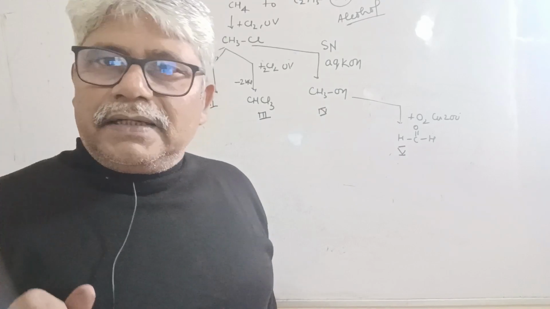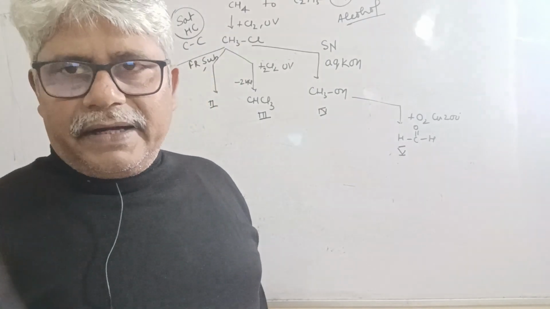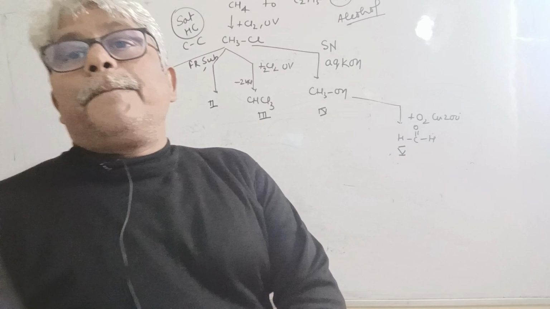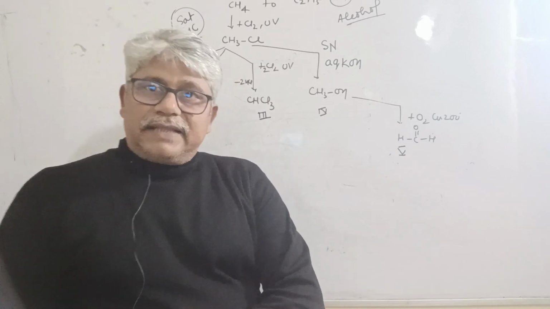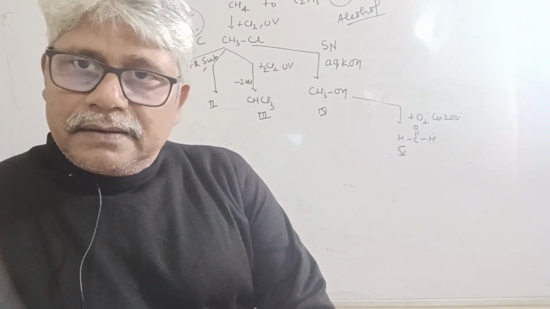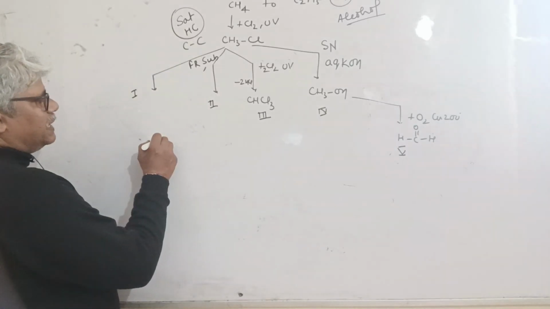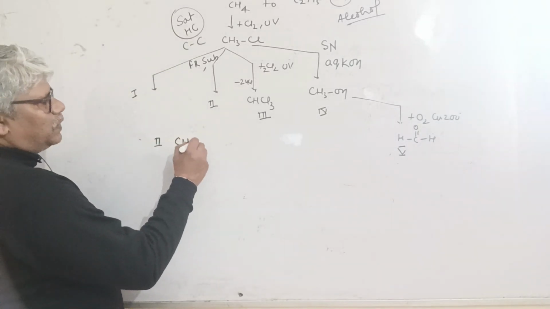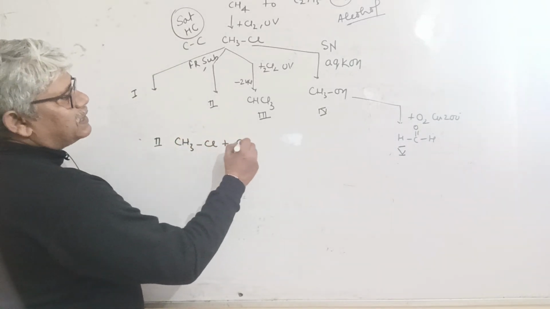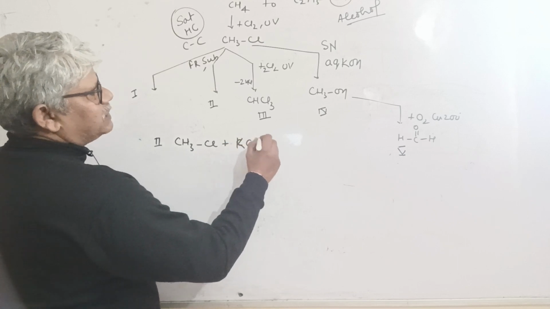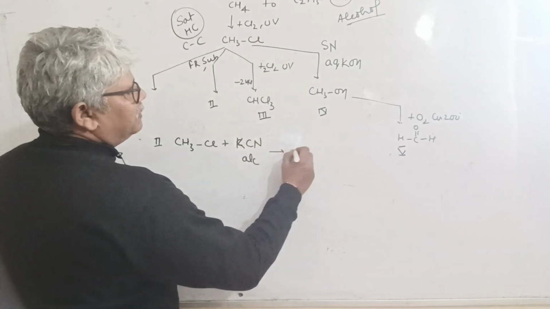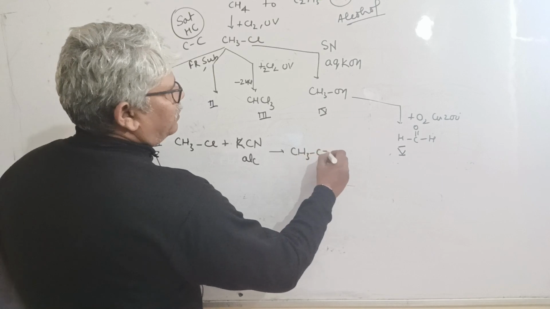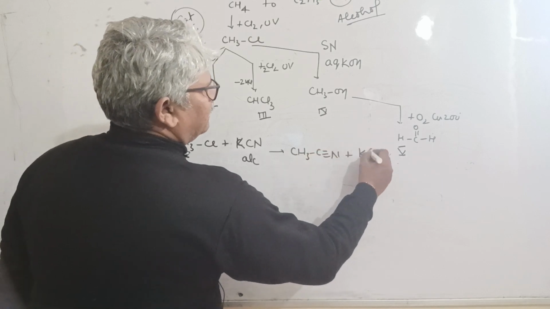The second method is again on alkyl halide, where you will use potassium cyanide, that will increase 1 carbon. That is, let us see, in the second method, methyl chloride, it is again an SN reaction. Alcoholic potassium cyanide would give CH3C triple bond N with KCl.